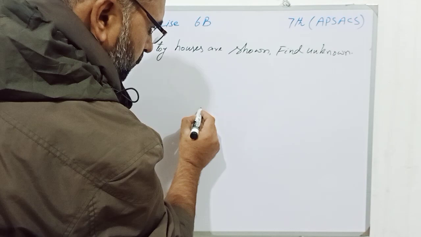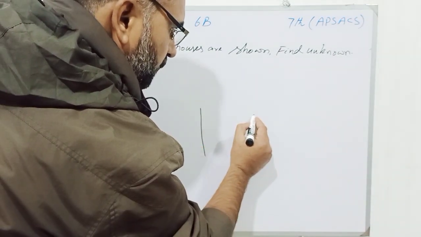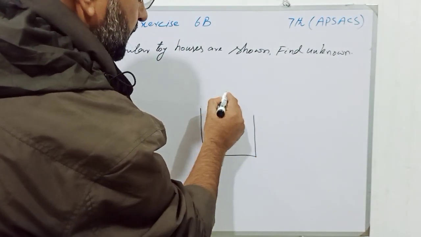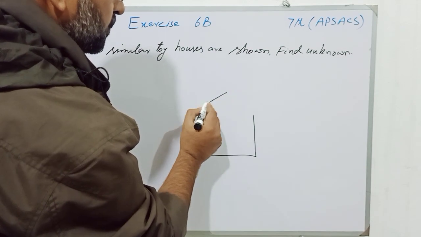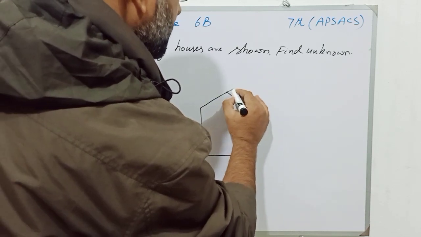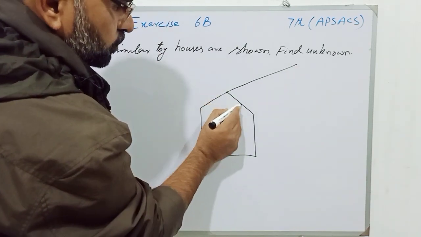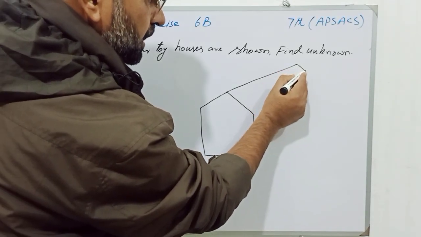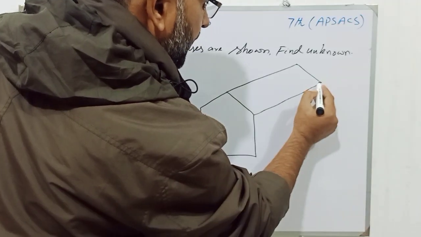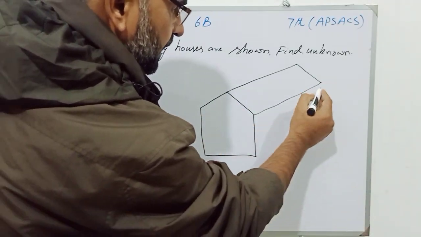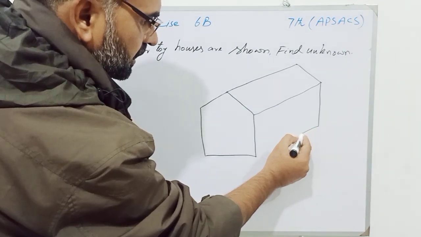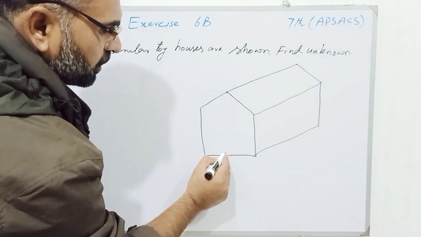First you will draw two parallel lines in this way, and then join them, and take a point in the center, join this point with both the end points of the line, and then from this point draw a line in this way, and according to this length we have to draw a slant line like this, and then join this point to this point, and then again draw a parallel line to this line, and the height of this line and this line must be equal, and then join this to this, and here we have to draw the door.